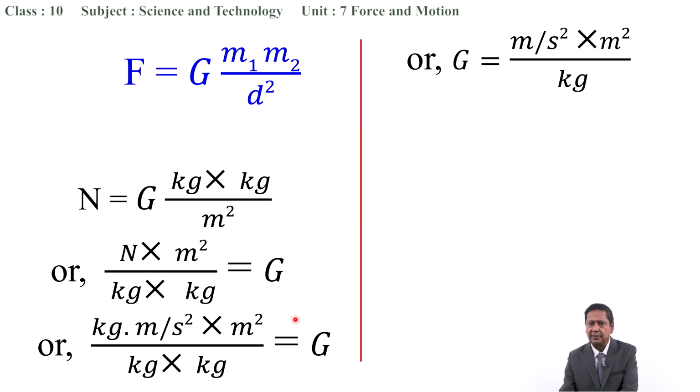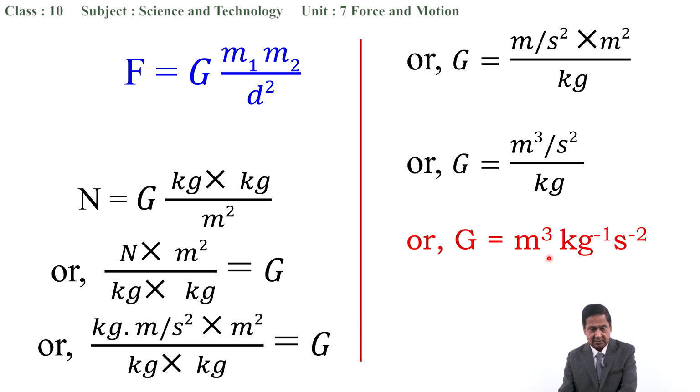Then we will have this, and meter square into meter becomes meter cube upon second square upon kilogram, like this. And if we take all these quantities in the numerator, then we will have this unit.